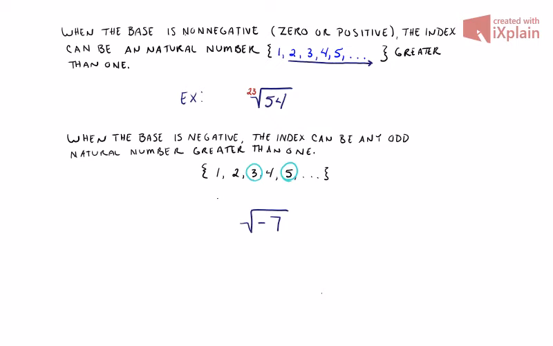So in this case, I should be okay to take the cubed root of negative 7. Because remember, with a negative number, I can break that negative 1 into negative 1 times negative 1 times negative 1, which then allows me to group them. So I have a group of 3, and then I can take that particular root. In other words, I can kick that negative outside of the radical sign.